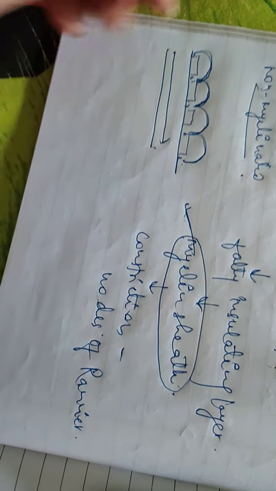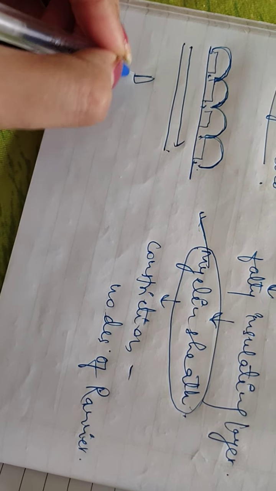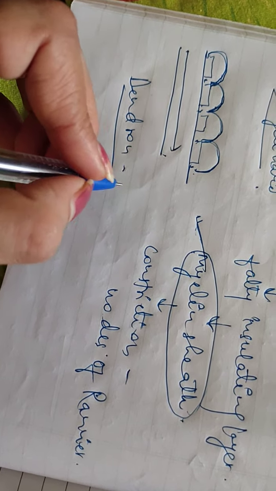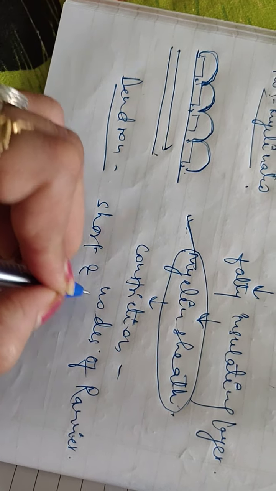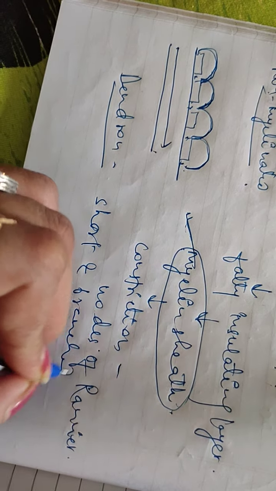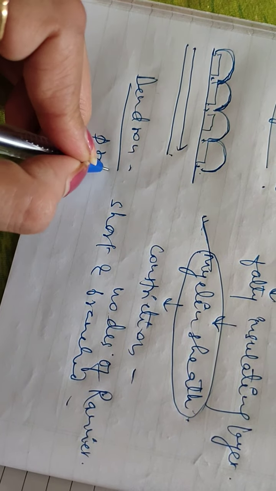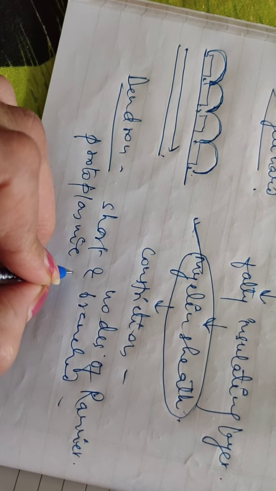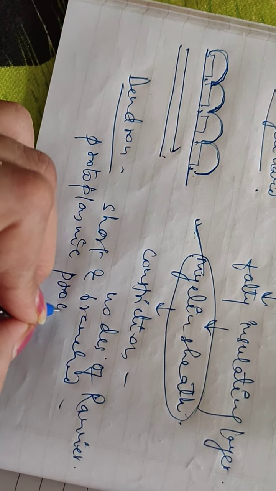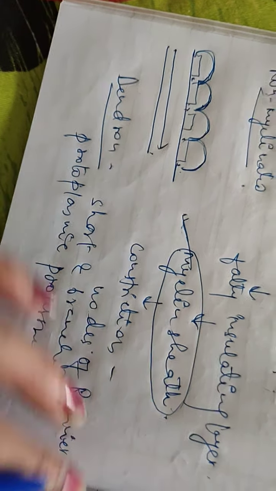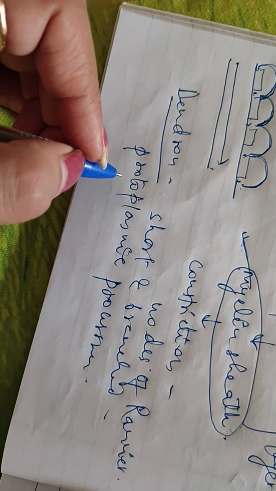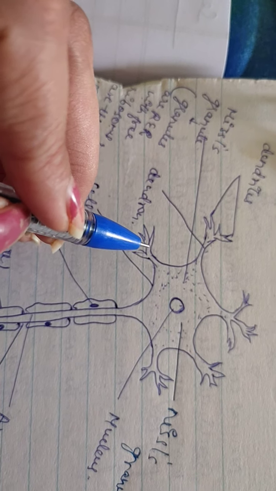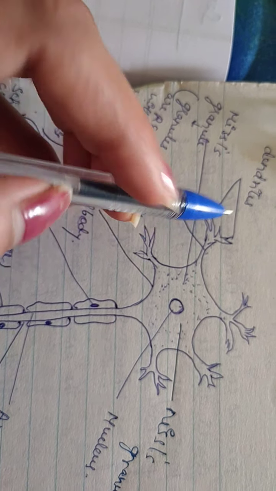And the last one is the dendron. Dendrons are short and branched protoplasmic extensions or processes which arise from the cyton, you can see here. And they have further branches also called dendrites.